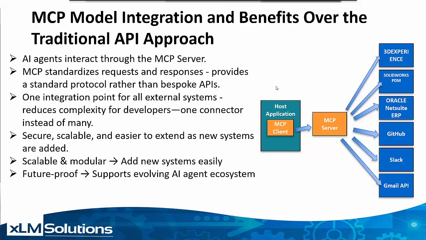By developing an MCP server, the AI agent essentially interacts through that one single server. It standardizes the request and the response, so it's a standard protocol versus bespoke APIs. It's one integration for all those external systems that you may have in your organization or out there for that matter. It's secure, scalable, and more future-proof from a maintenance standpoint.